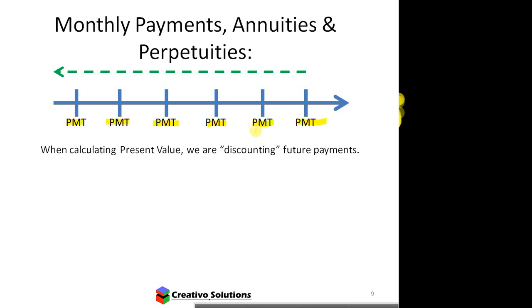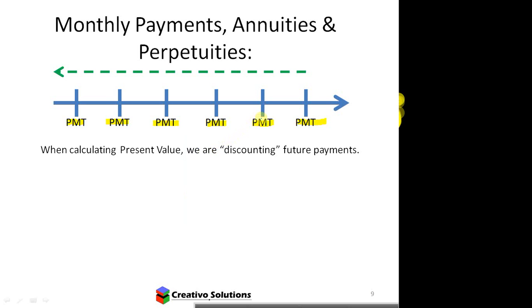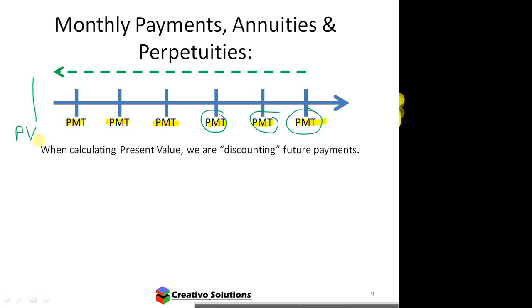Alright, so what am I doing with an annuity? Same thing applies. I'm taking those future amounts, each and every one of these, and taking them back. When I take them back, I add them all up, and that gives me the present value. I could also move them all forward and get a future value.